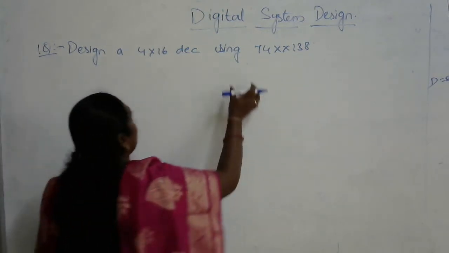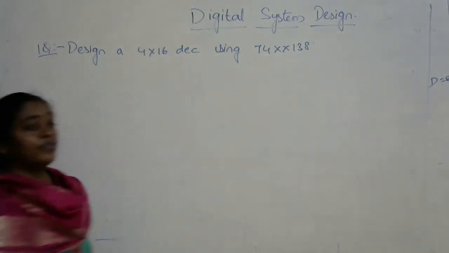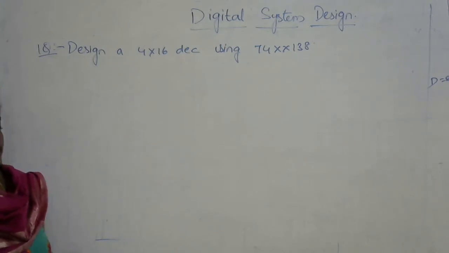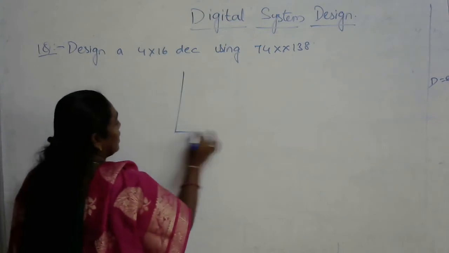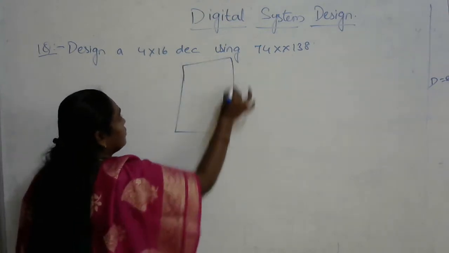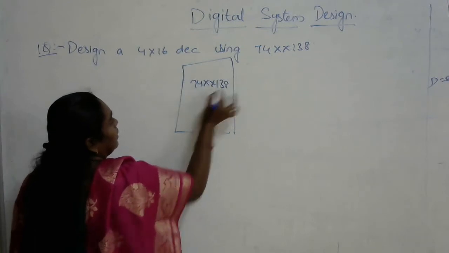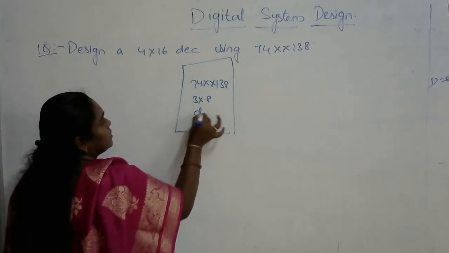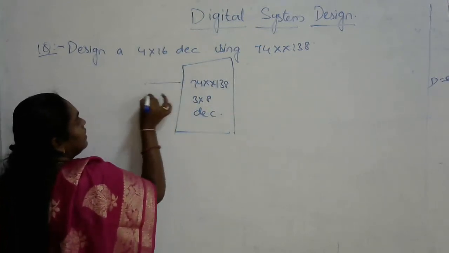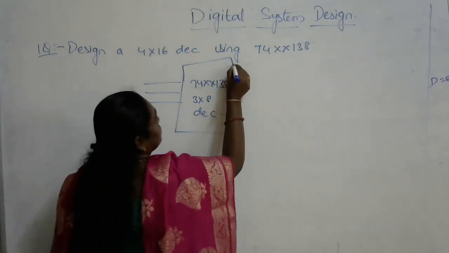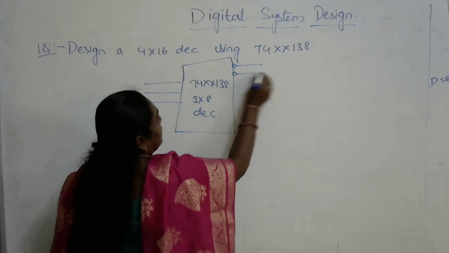Before going for the 4 by 16 decoder, first we should know what a 74138 decoder is. As we have seen in the last session, a 74138 is a 3 by 8 decoder which consists of 3 inputs A, B and C, and 8 outputs.